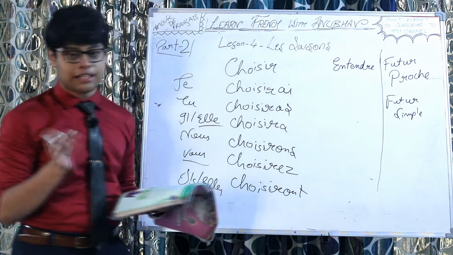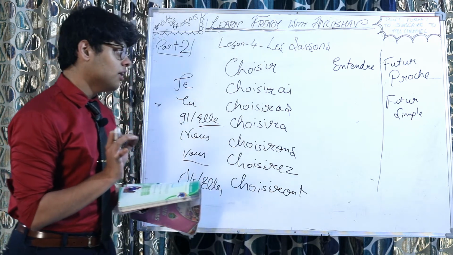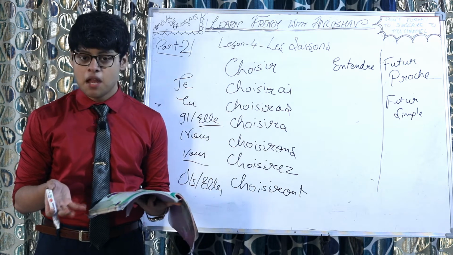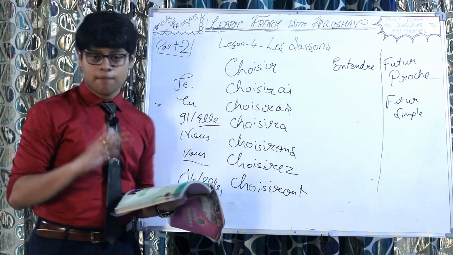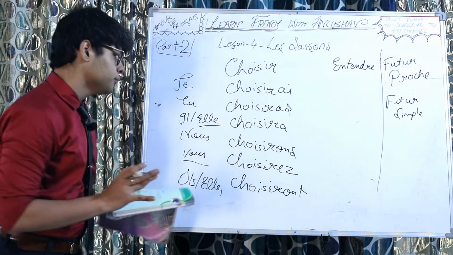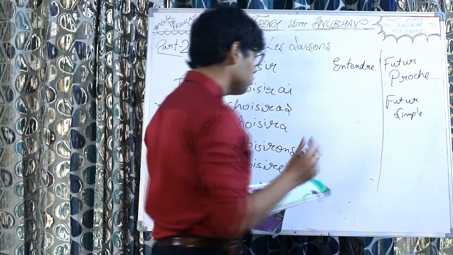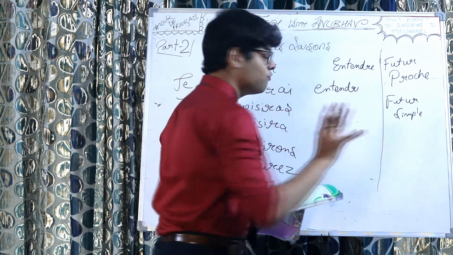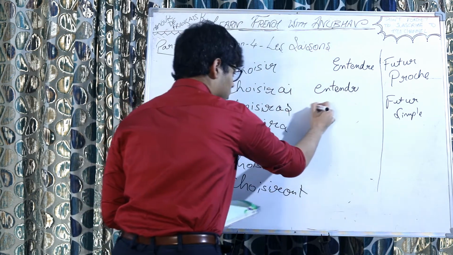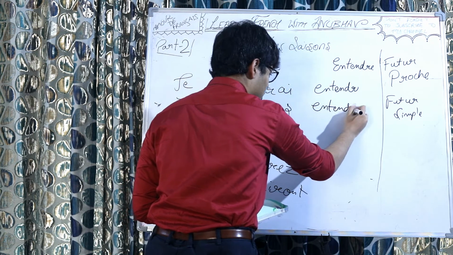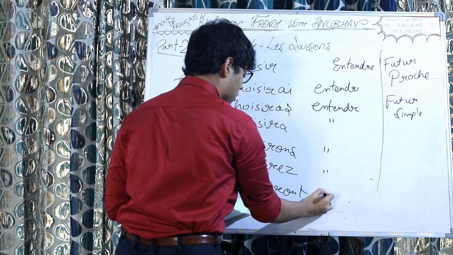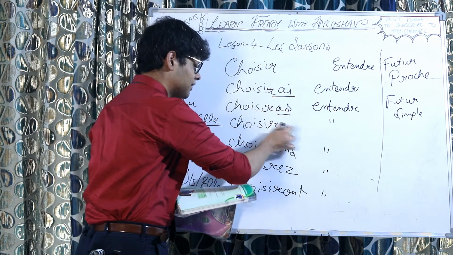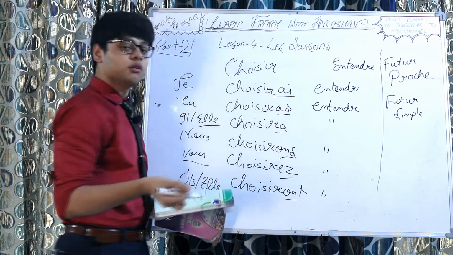Now for entendre, the stem is slightly different. Like the infinitive, where the last letter is E, that E gets removed. So entendre, we will write entendre without an E. In the same manner, we will write for the remaining ones, and then we will add the respective endings of Futur Simple.